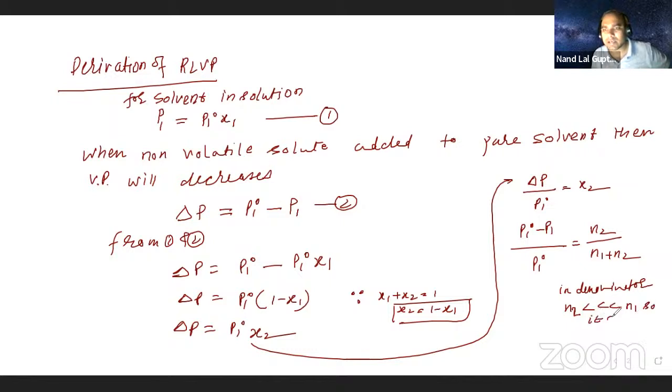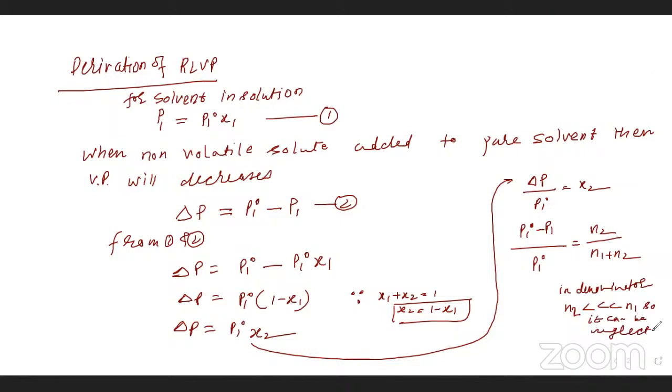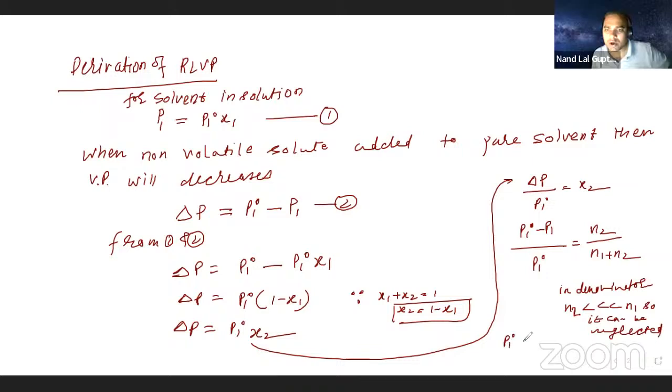Yes or no? Yes. So we can write P1 naught minus P1 upon P1 naught is equal to N2 upon N1. Is it okay?